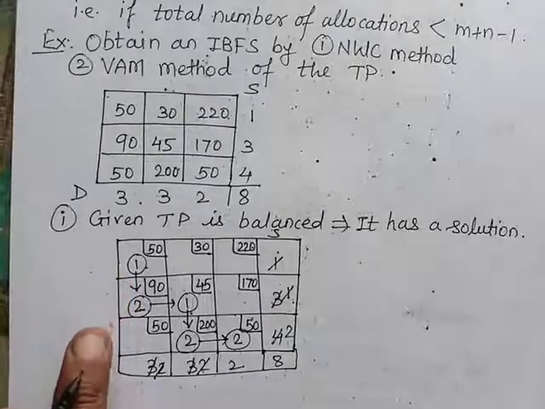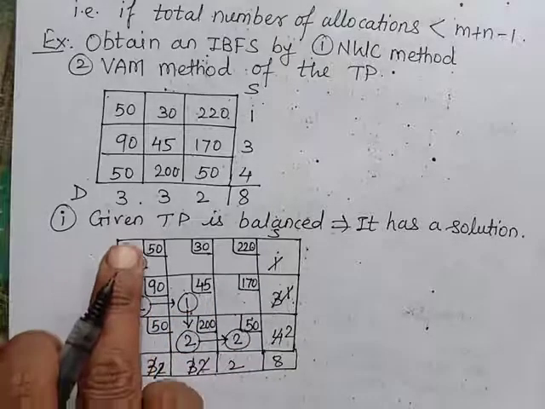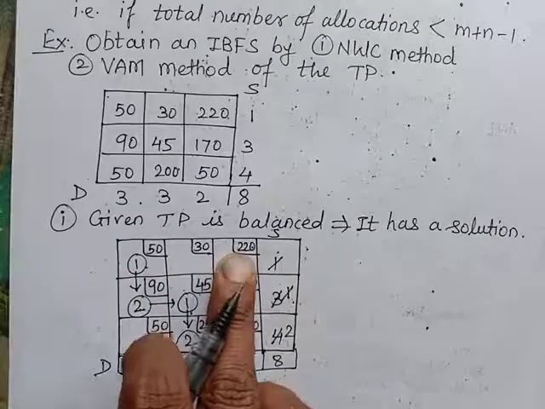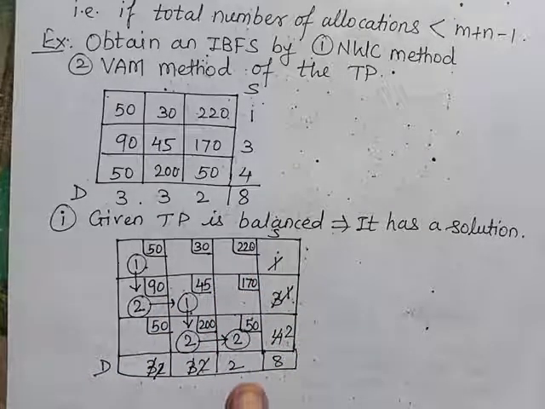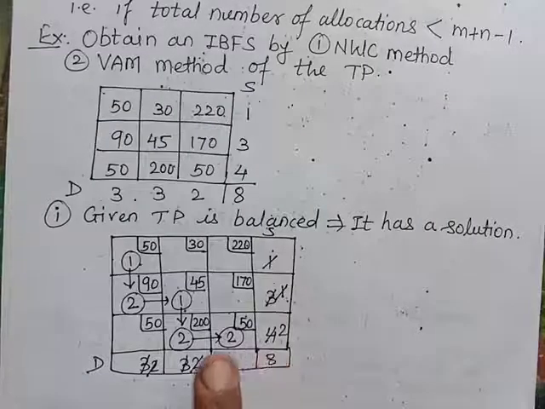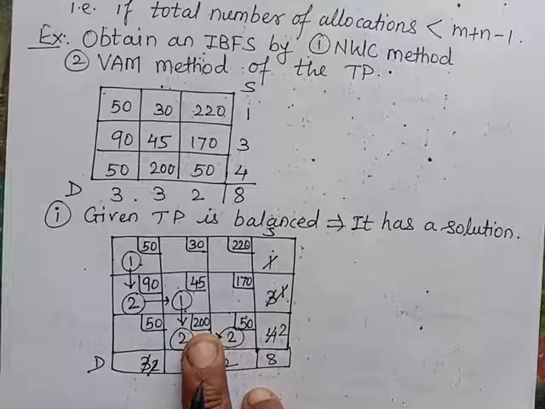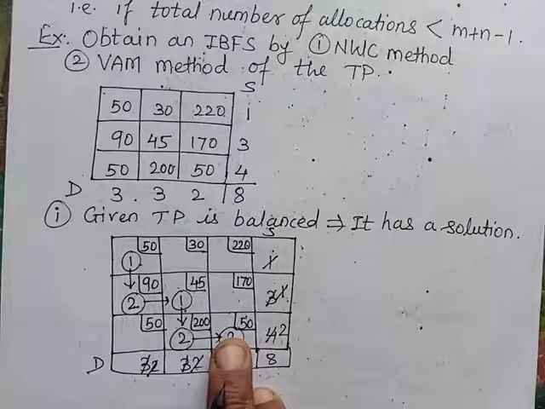So how many allocations are these? 1 2 3 4 5. 5 allocations. Number of rows are 3, number of columns are 3. 3 plus 3, 6 minus 1, 5. So total number of allocations is equal to m plus n minus 1 here. So it is a basic feasible solution, and as it is basic feasible, it is a non-degenerate solution also.